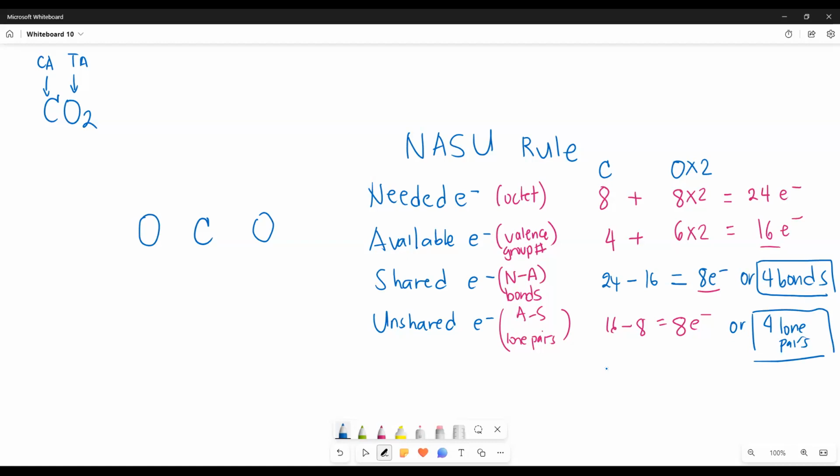Now, let me draw 4 bonds. I can do it this way: a double bond on the left and the right. Or it can also be like this. It can be 2 each, or 3 here and 1 there. But 4 here and none there is not possible.